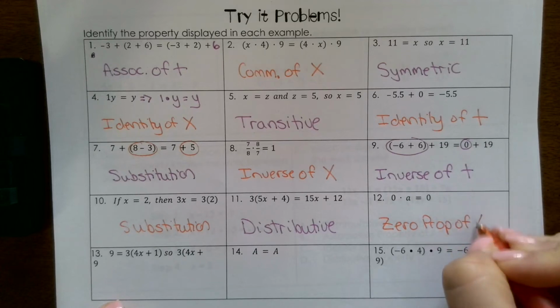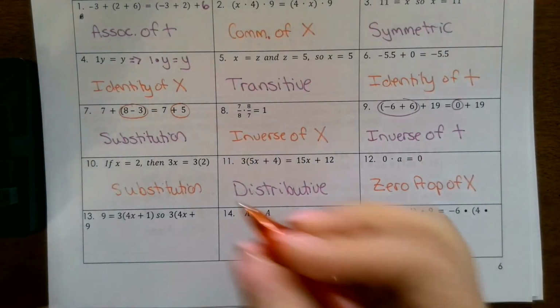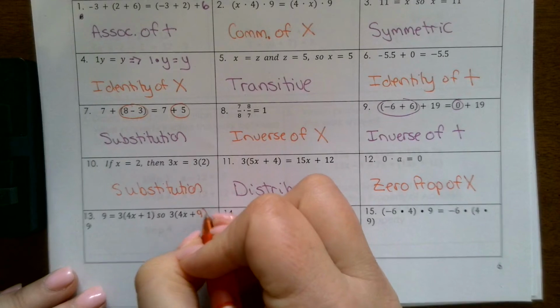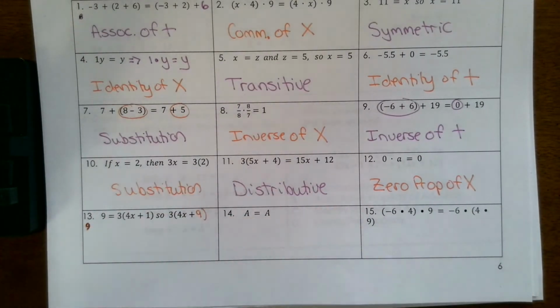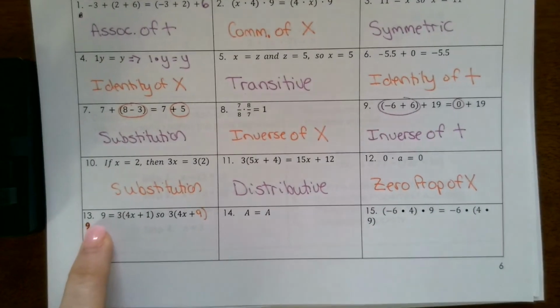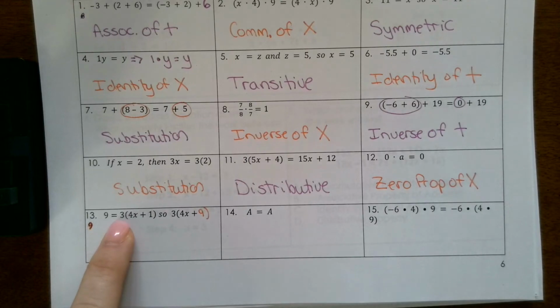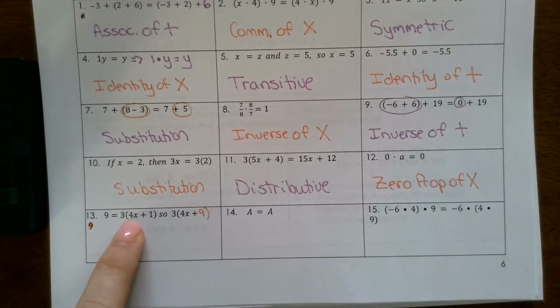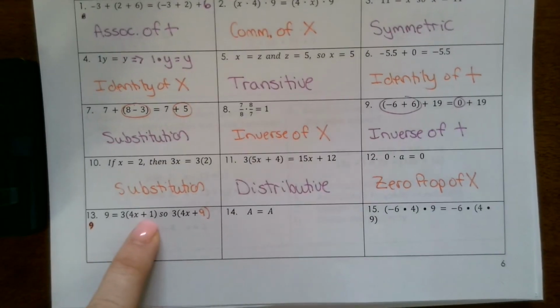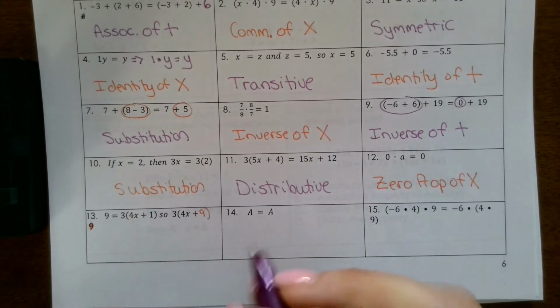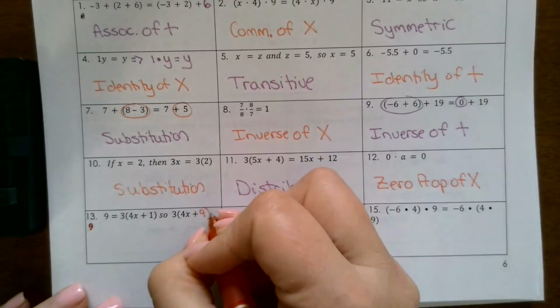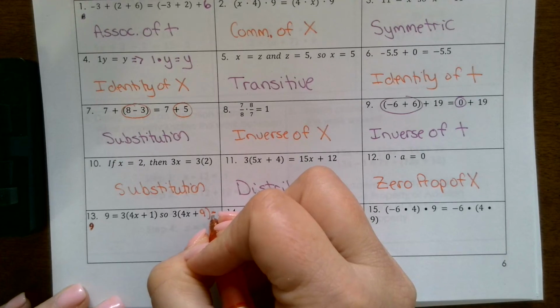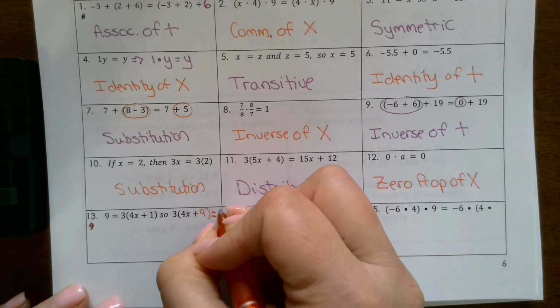of multiplication. The 9 should have been up here, so we'll just cross that out. And so I have 9 equals 3 times (4x plus 1). So 3 times 4x plus 9, and there should be a 9 here.